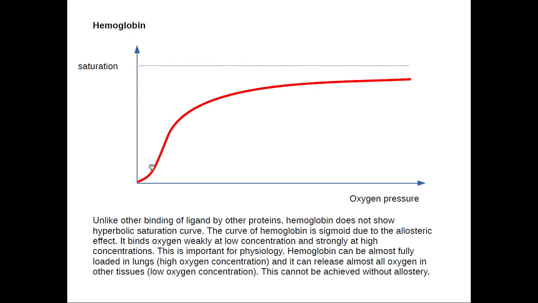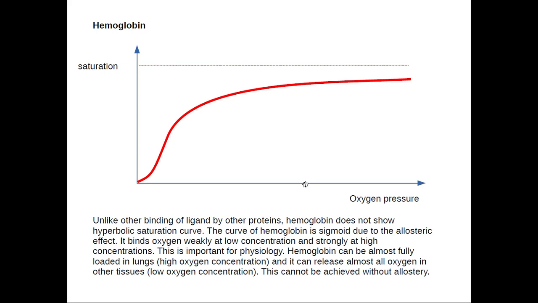So this slope becomes higher, and then at some higher concentration you get close to saturation. And this is very important from the physiological point of view, because you can imagine that this point here is a concentration of oxygen which is normally found in some organs, tissues.